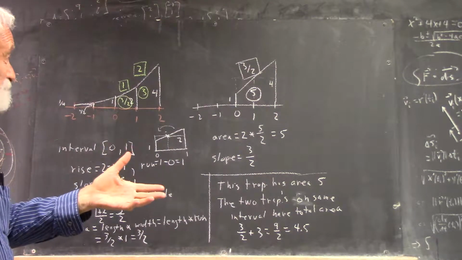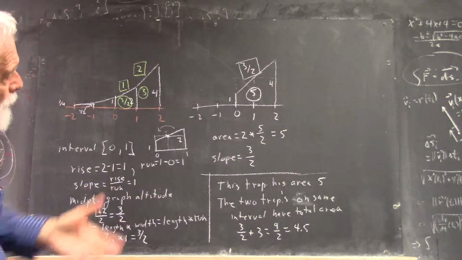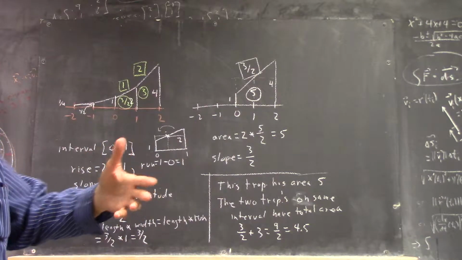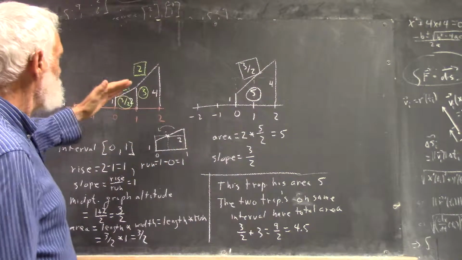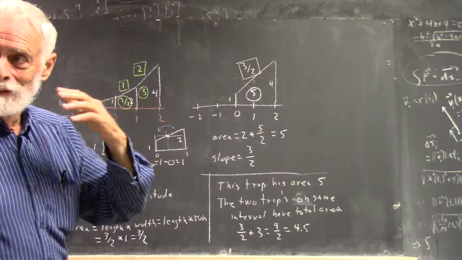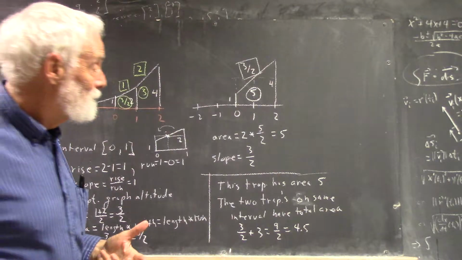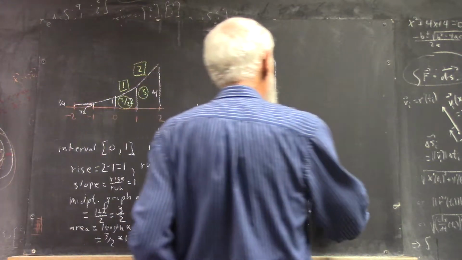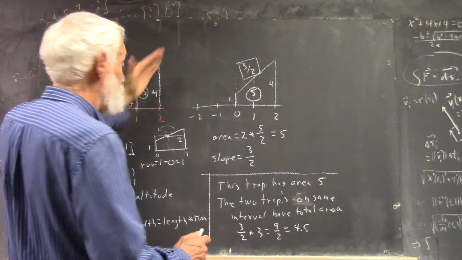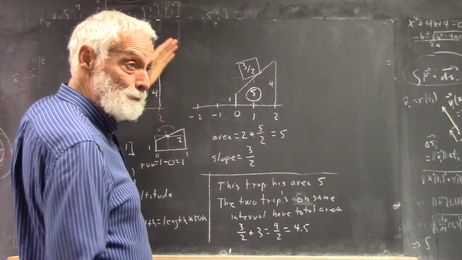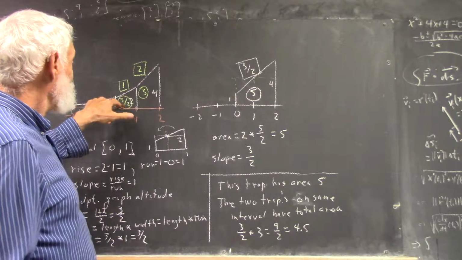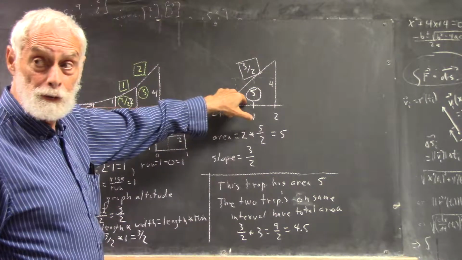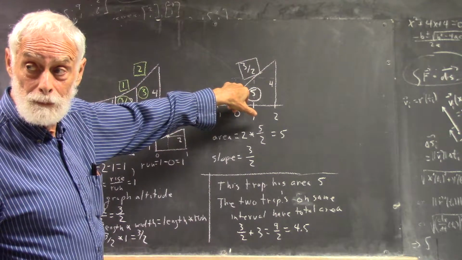Because you said we didn't account for the curvature. There's not really a curvature here, because we have straight lines. Each line has no curvature. But that's the right idea because, of course, the graph itself has a curvature. And because of the curvature of the graph, the sum of these two areas is not equal to this area.